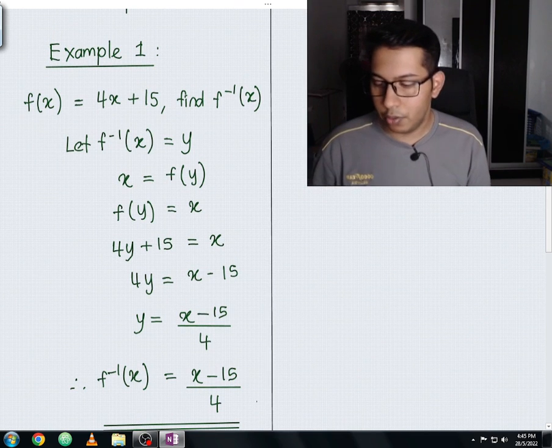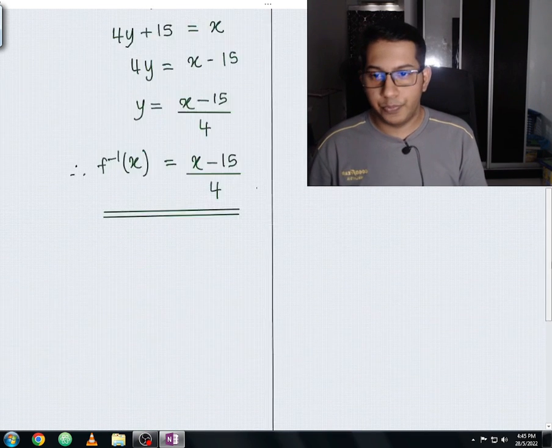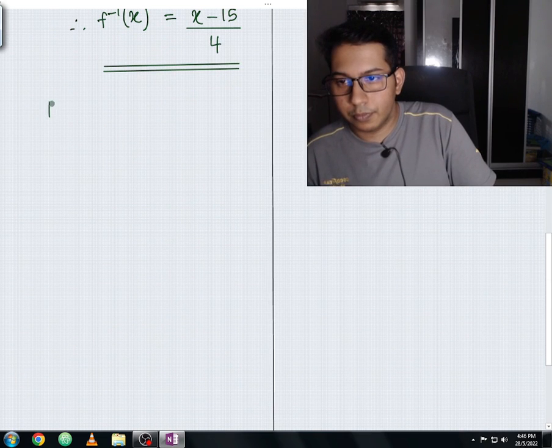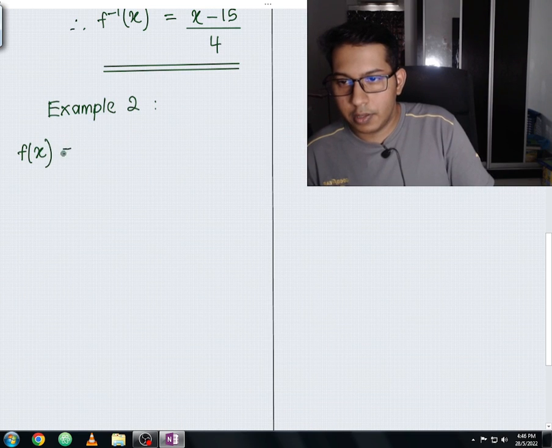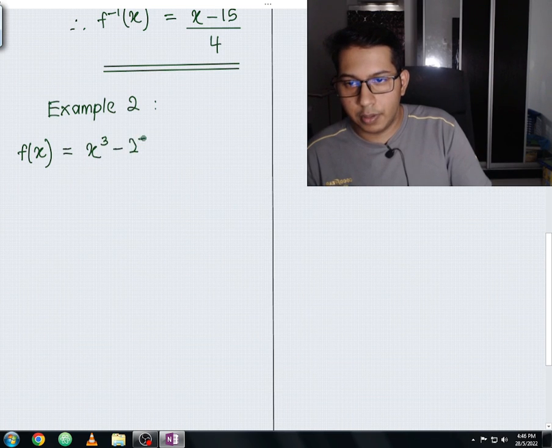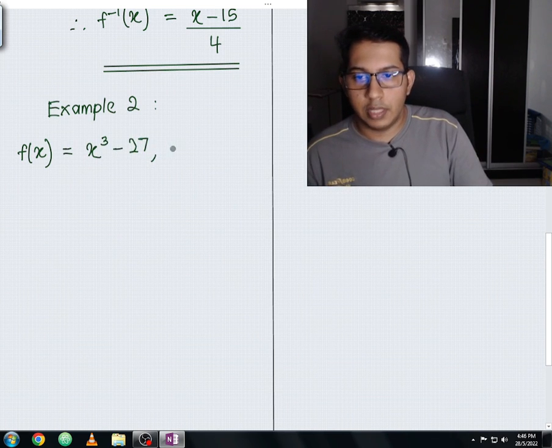Okay, so let me show you another example. Example 2. Given that f x is equals to x cubed minus 27, and the question requires you to find the f inverse.